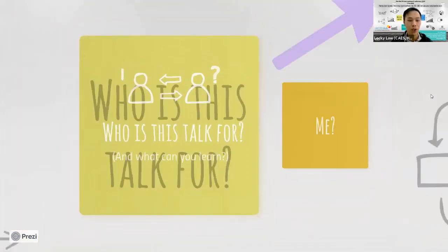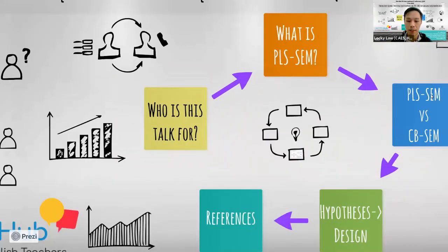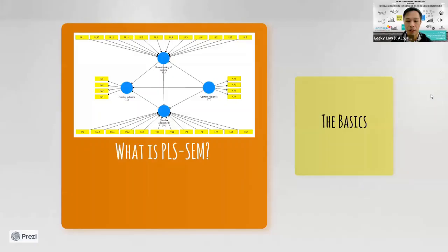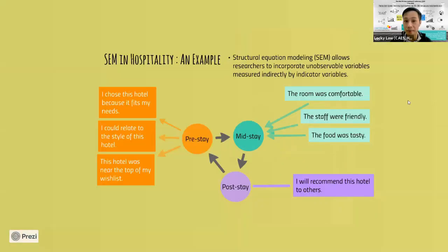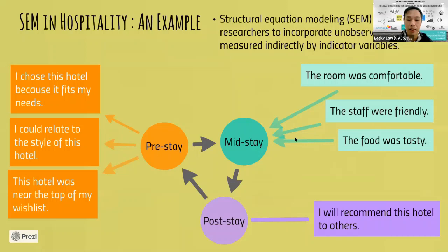Next, so what is PLS-SEM? Now, in order to talk about PLS-SEM, we have to first cover what SEM is in the first place. Basically, structural equation modeling, SEM, is a statistical method that allows researchers to incorporate unobservable variables measured indirectly by indicator variables.